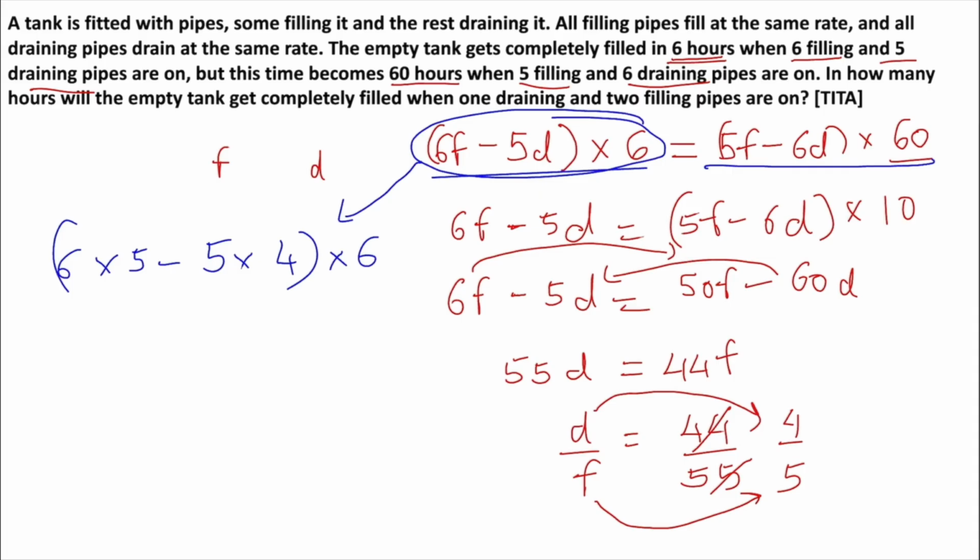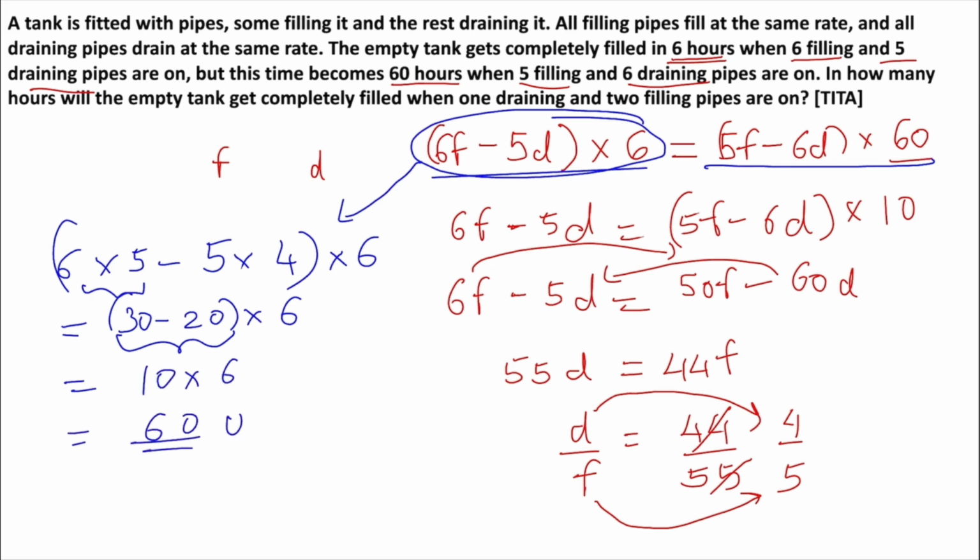So 6 5s are 30 minus 5 4s are 20, that is 30 minus 20 multiplied by 6. This becomes 10 into 6, which is 60 units. So the total work to be done is 60 units.